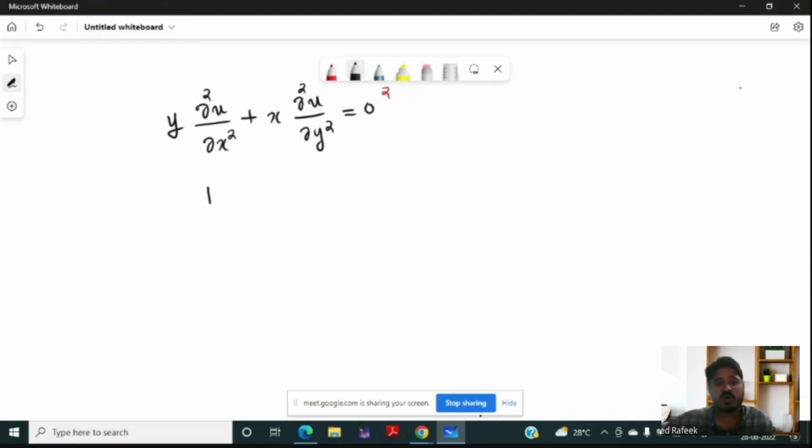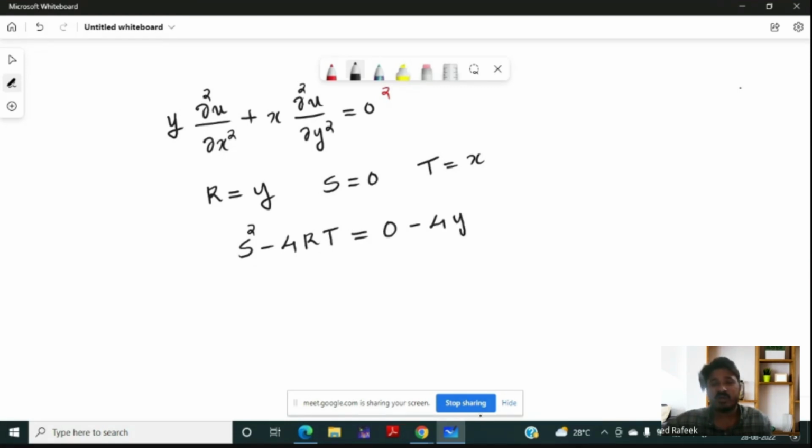Here r equals y, s equals 0 because the ∂x∂y term is not there, and t equals x. You can check S² − 4RT: 0² − 4yx, which is −4xy.